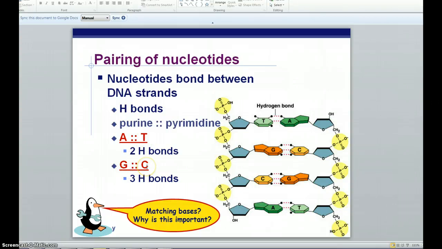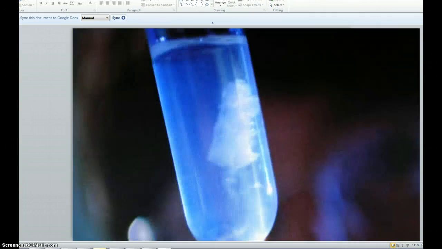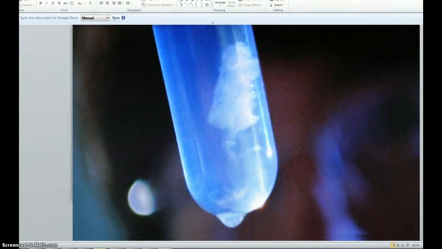Guanine always pairs with cytosine. Notice that these two have 3 bonds to connect, and adenine and thymine only have 2 bonds in which they connect. That's what DNA looks like, and when we extract it from strawberries, you'll see something like that, but it'll be better than this small amount in this test tube.